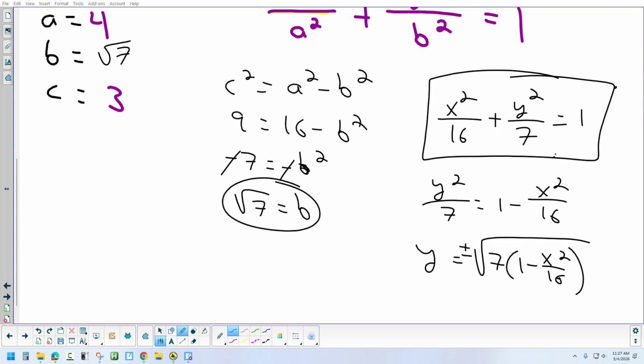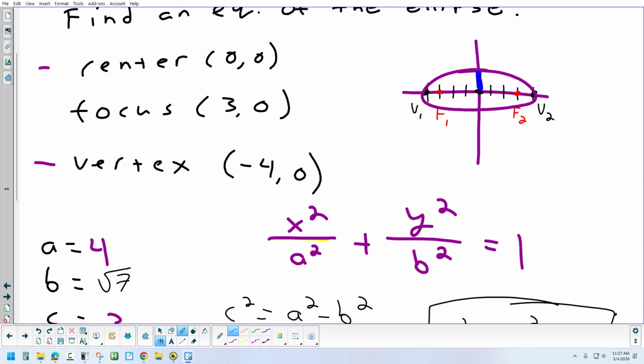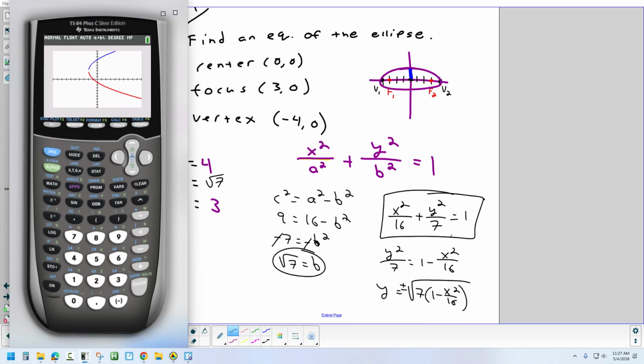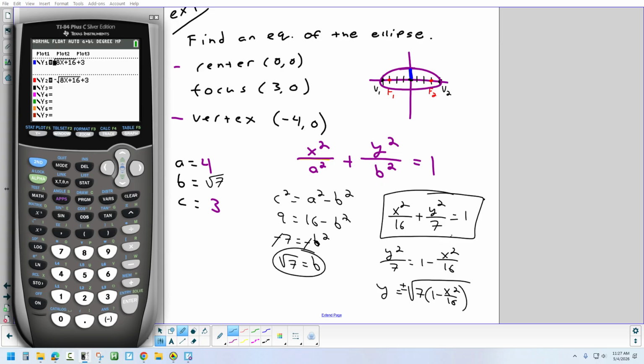All right, let's draw it. And let's see if we get an ellipse that looks kind of like that. Okay, so I need square root of, I'm going to be careful with parentheses, 7 times 1 minus x squared over 16.